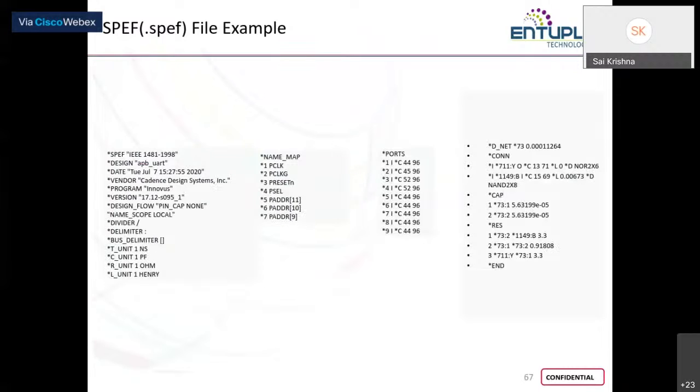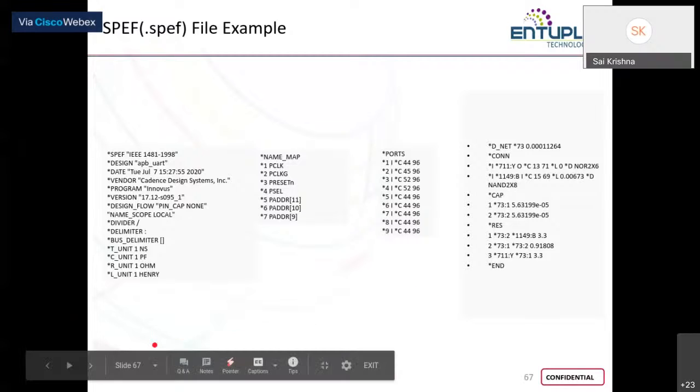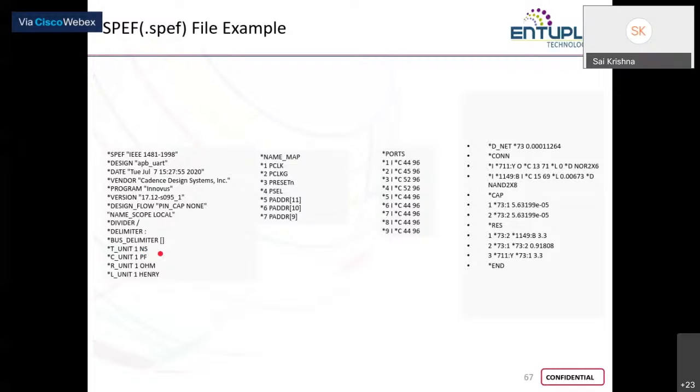So this is a snapshot from your SPEF file. Initially, in the beginning, you can see the basic information of what is the tool, the units of your time, current, resistance, and what are the modules or what are the important blocks, and then the ports that you have, and then for every port or for every pin, what is the parasitic information that you have.